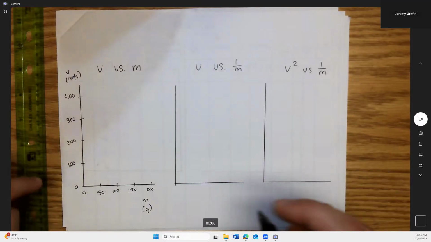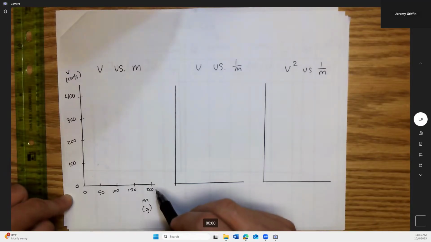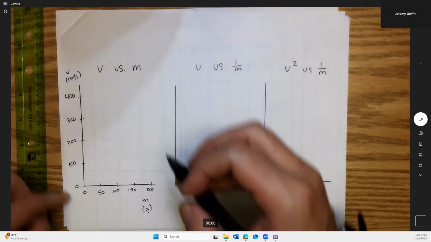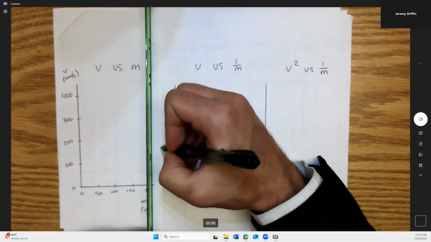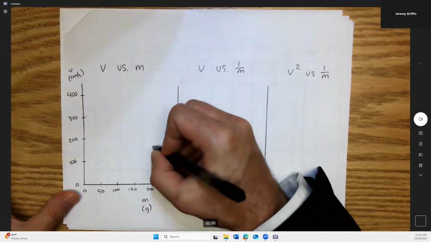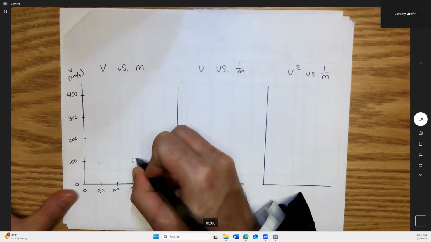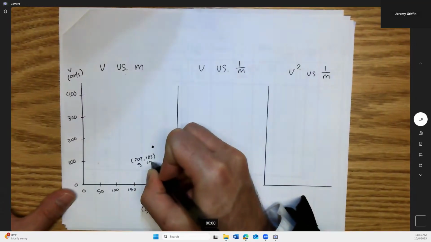All right, what's one data point? 202 grams and 182 centimeters per second. Okay, that's about right here. I got 202 and 182. That's of course grams and centimeters per second. Okay.